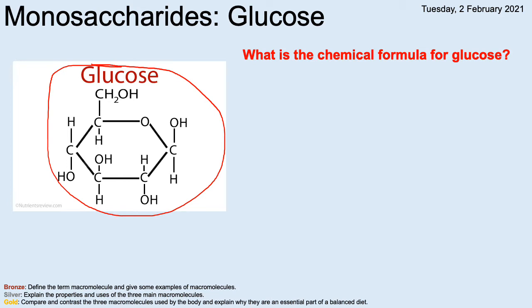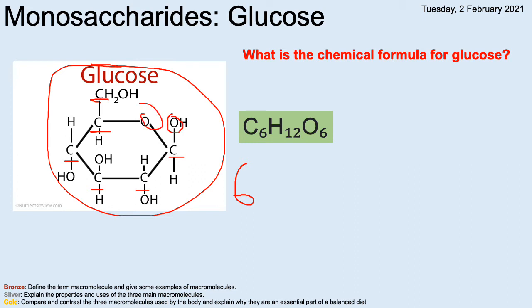Okay, so did you get C6H12O6? Because if you look here, you've got one C there, one C there, a C there, there, and there. So 1, 2, 3, 4, 5, 6 carbons, and then you've got your oxygen there, there, there, there, and there.